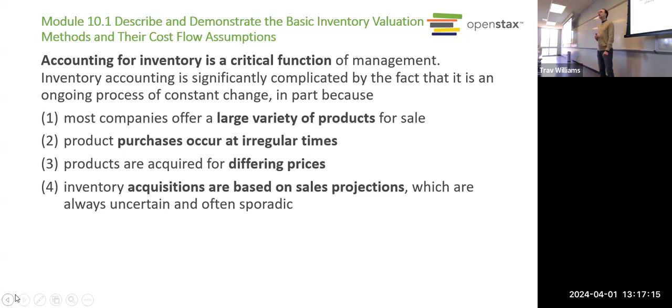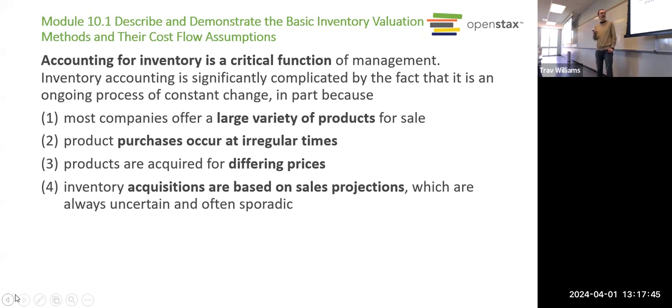For merchandising companies and manufacturing companies, inventory is one of their major costs. The purchases don't always happen at regular times. So you might one month order some inventory from a supplier and then next month you don't. So every time you make that order, you have to keep track of what those costs were because they could be changing, right?